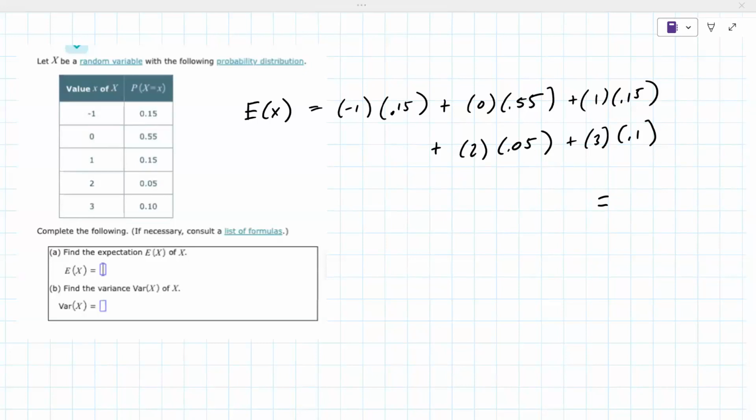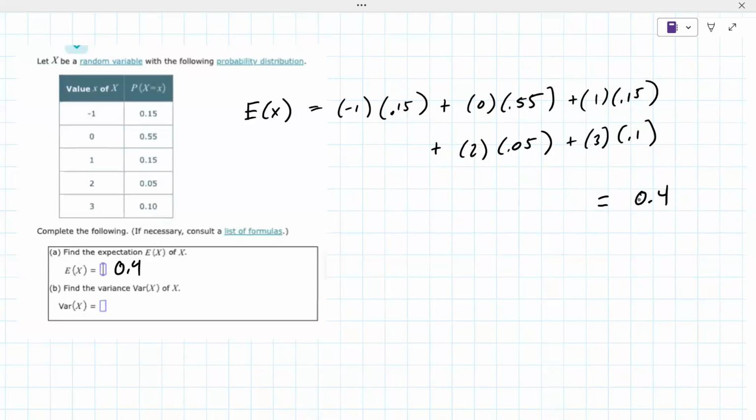Right, so all right, I got 0.4. So that's the first box there.